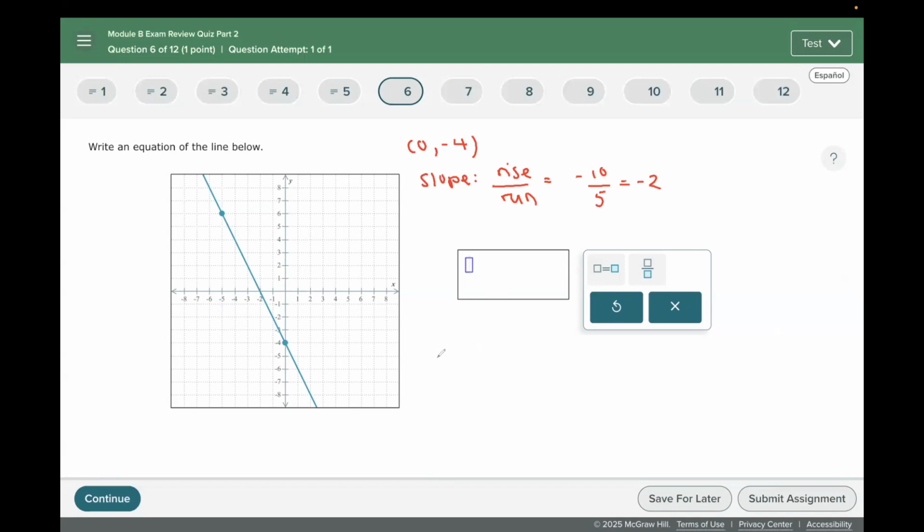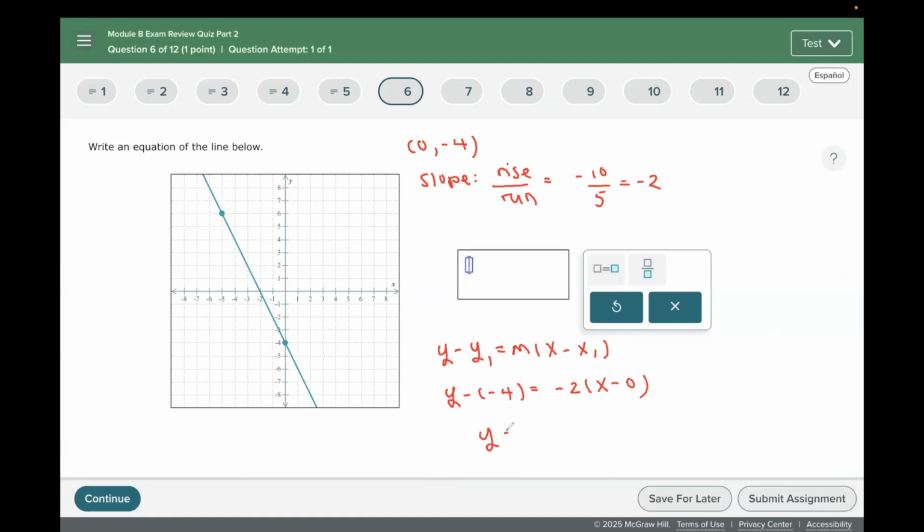So the point-slope equation for a line, we saw this in the other video as well, but it's y minus y1 equals m times x minus x1, where x1, y1 is just a point that's on the line. So in this case, we have the point 0, -4. So y minus -4 equals the slope -2 times x minus 0.